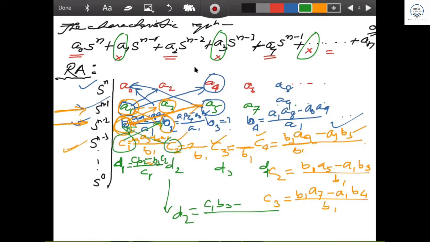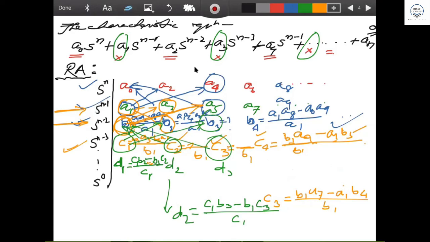Now C1 B3 minus C3 B1, divided by C1. C1 is always the same. So this is the way you have to get the answer for this. Now, I hope that all of you got it. Now I'm going to complete the D row, and then we can jump to the conclusion.